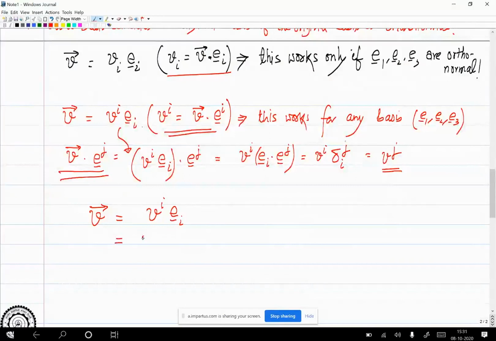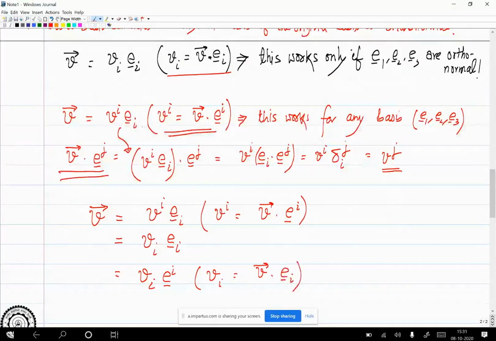Okay, you can't write it as V sub I E sub I. This is not correct. You can write it also as V sub I but E super I. So here V super I is V dot E super I, and here V sub I is V dot E sub I. So basically the middle one is not correct.